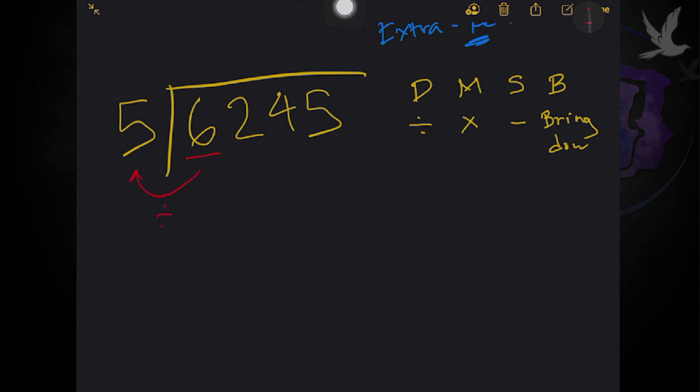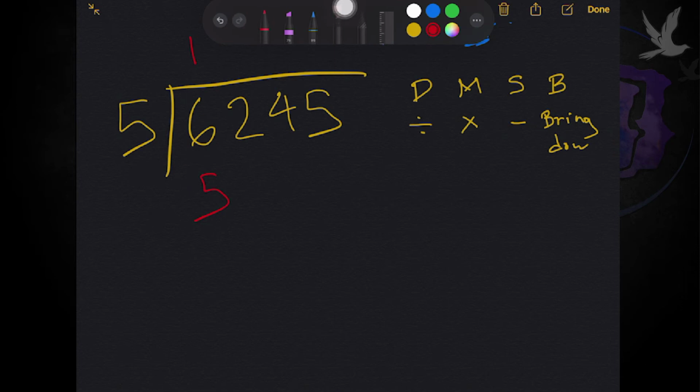What's 6 divided by 5? Or in other words, how many 5 will fit 6? Okay, so there's 1. 1 times 5 will give you 5. Erase ko na lang to dito, okay, to avoid confusion.